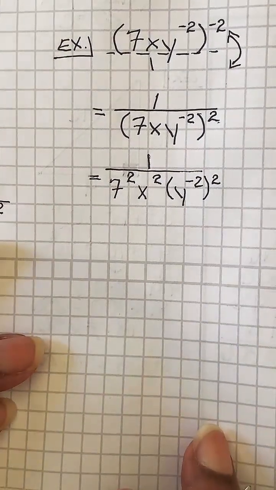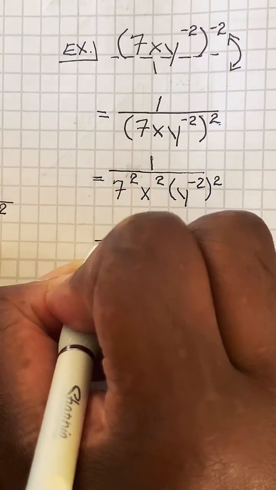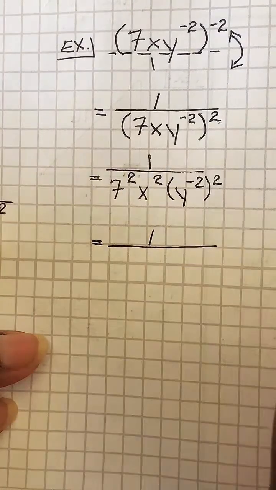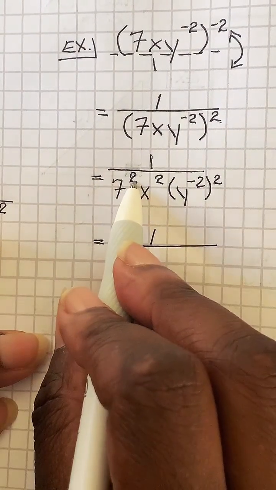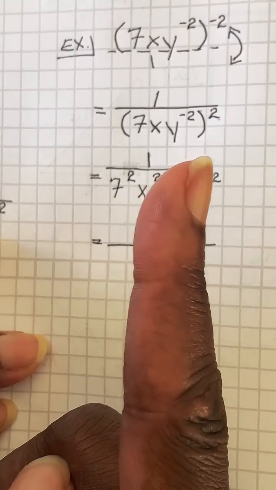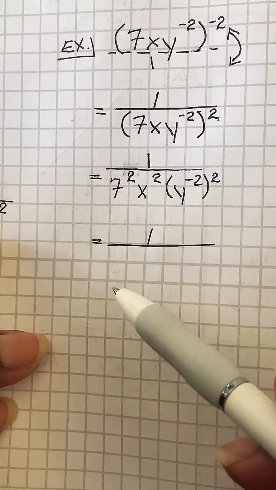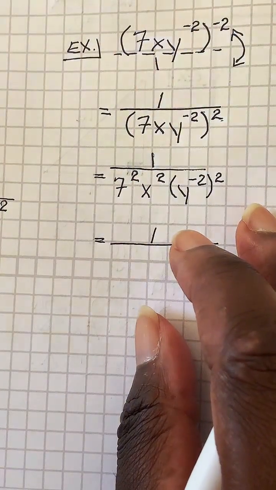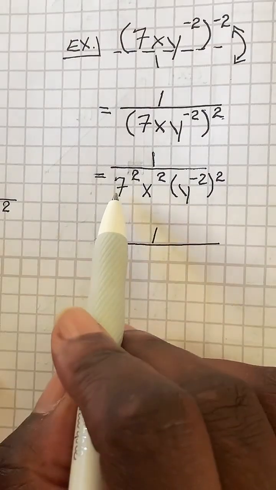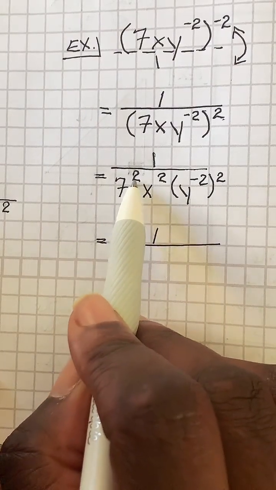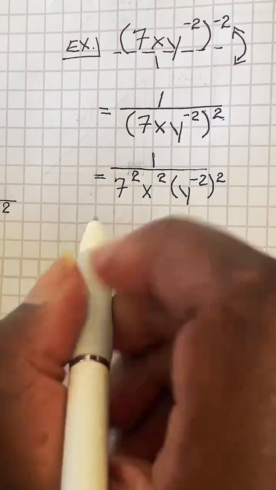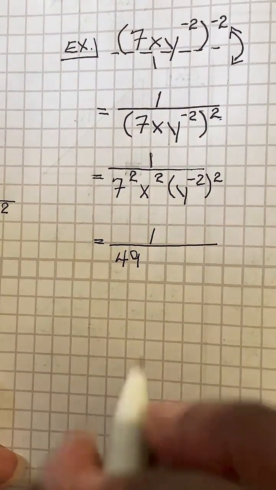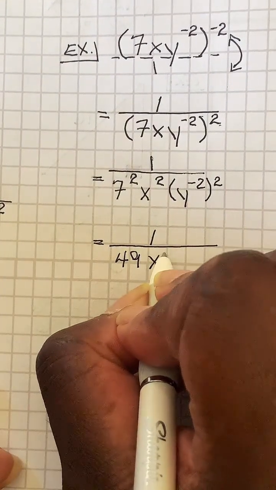So when we clean this up, right now, my 1 is still my numerator. 7 squared, it is not 14. So all those people that are coming in that's new, I shut the live off before. All right, so 7 squared. This means 7 times 7. That's where the 49 is coming from. Then we have our x squared.